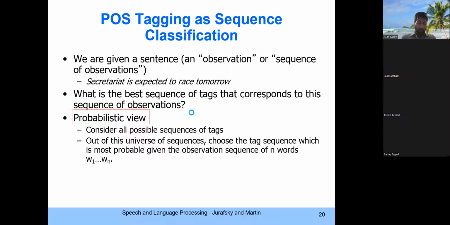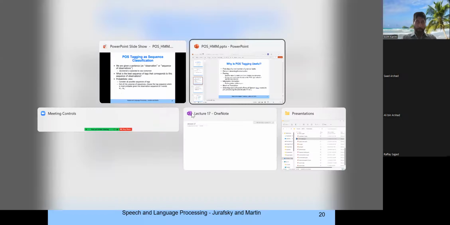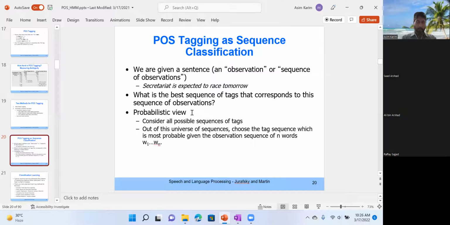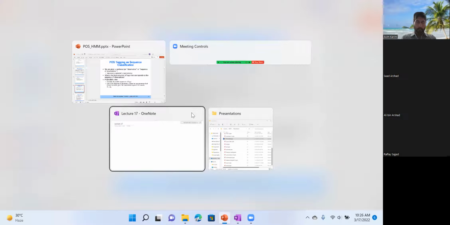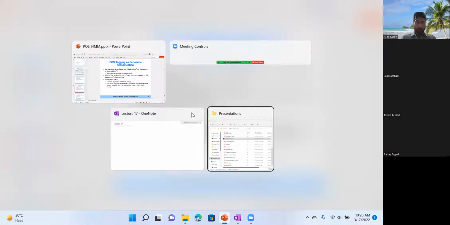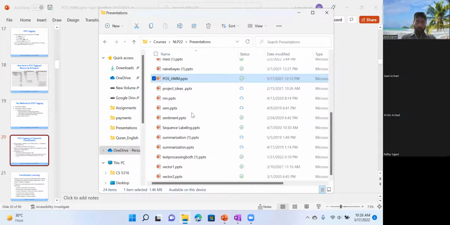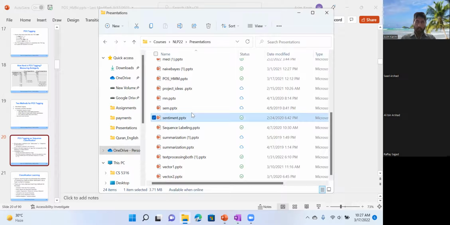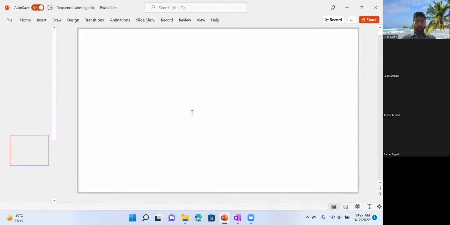Okay. So now let's look at this in a probabilistic sense. The math behind the probabilistic model is summarized in these sequence labeling slides.